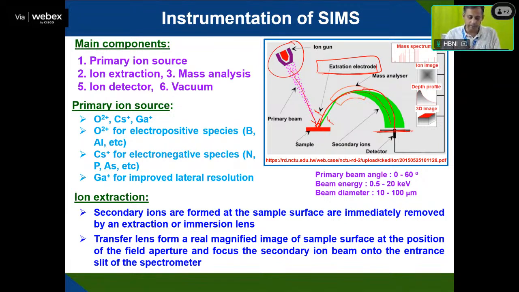For the primary ion source, we mainly use 3 types: oxygen, O2 plus, cesium and gallium.